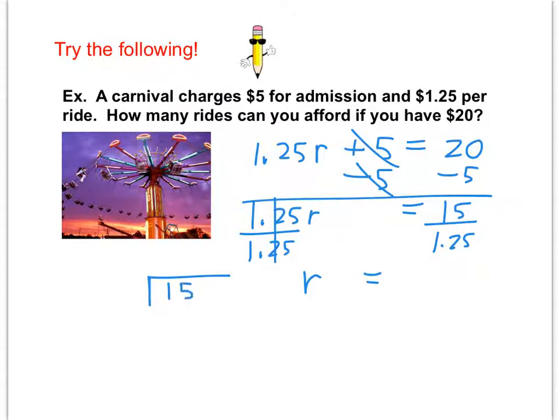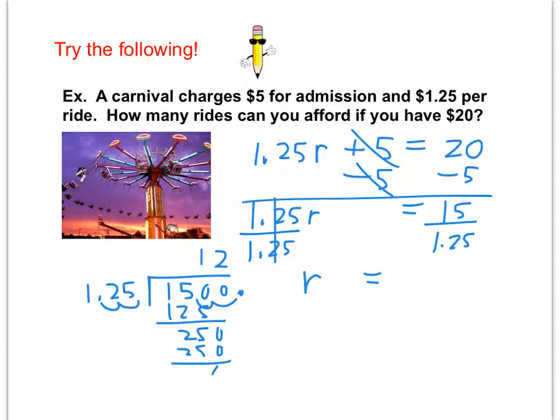So 15 divided by 1.25. We know we're going to move the decimal twice. So moving this decimal twice, add 2 zeros here. Goes in once, and then twice. So my answer, you can ride 12 rides.